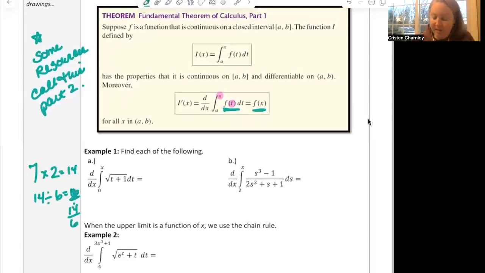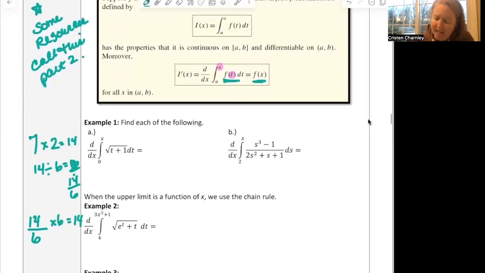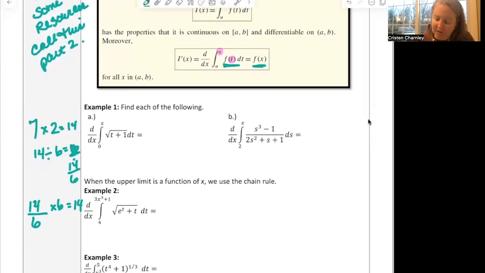So if I take that 14 over 6 and undo it, instead of dividing by 6, I'm going to multiply by 6. I now have 14, and instead of multiplying by 2, if I divide by 2, we get back to where we started. So the same thing is happening with the derivative and the integral here. I'm going to do this a little bit backwards. I'm going to show you what the answer is, and then on the next page, I'll show you why it works.